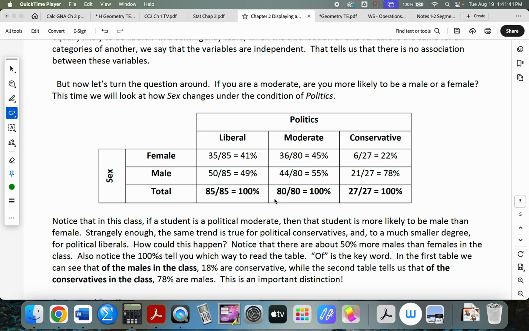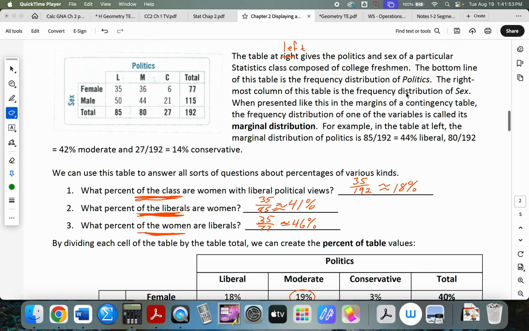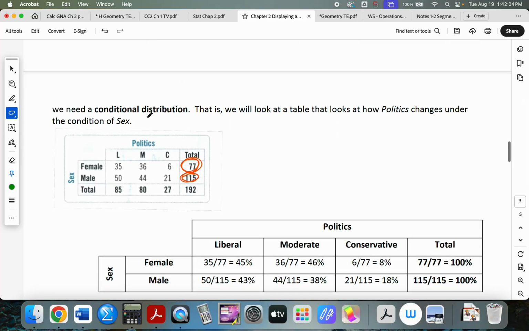So the question we're going to try and answer is, if you are a moderate, are you more likely to be male or female? This is what we're looking at.